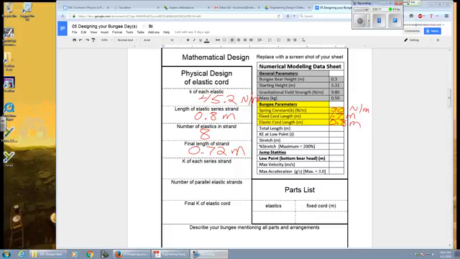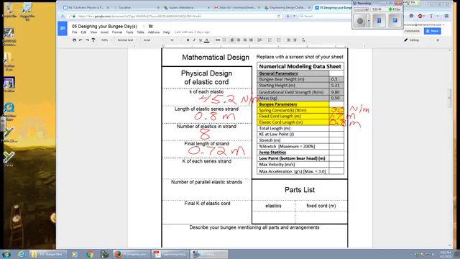And then now this is where I start using the information I gained in 2 and in 3 also. K for each series strand. So if I take 8 rubber bands and they each have a K of 45.2, how much do those 8 have when they're put in series? And the answer, of course, when you put them in series, it decreases the overall.